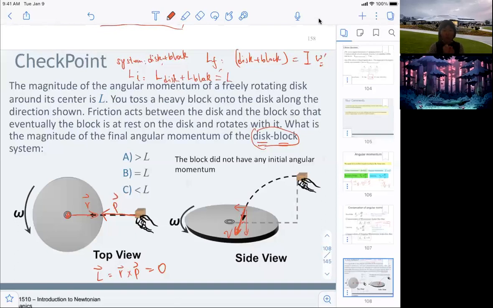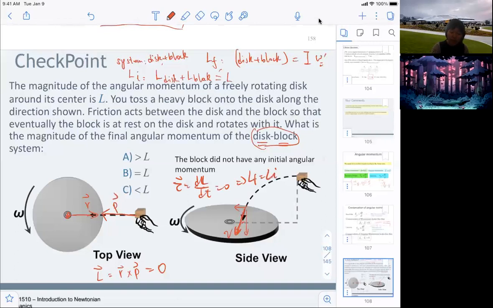There is a force between the block and the disc, but they are the entire system, so that is an internal force and you don't have to consider it. All you need to care about is external force, like someone pushing the disc to spin faster or slow down, and you don't have that. Because you don't have external torque, L is constant, so L initial and L final should be equal.